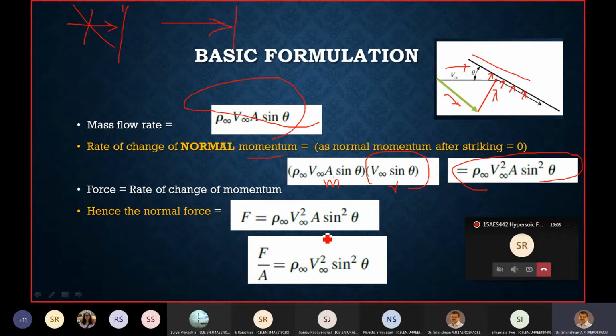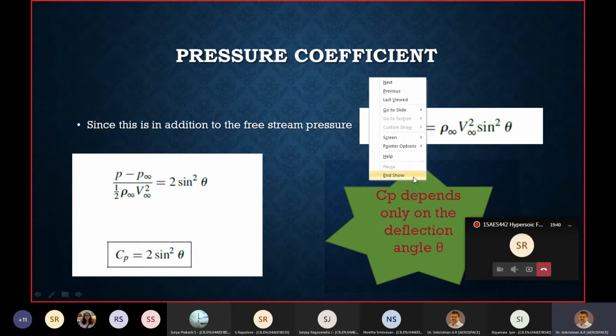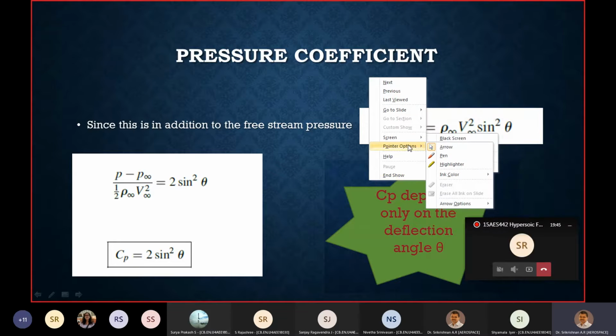Now, keep in mind that Newton's argument stops here, but the force we are talking about is purely due to the impingement. The main flow, as we know, has a static pressure anyway, which means that to get the net pressure on the surface that the flat plate would feel, you should add the free stream pressure as well as what is calculated because of the impingement.